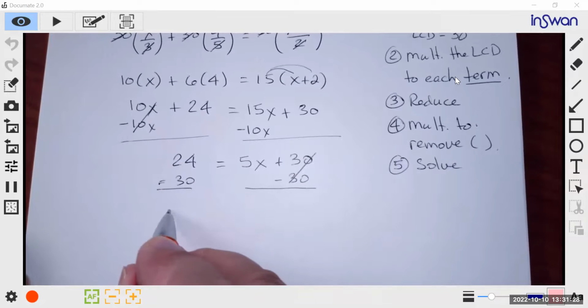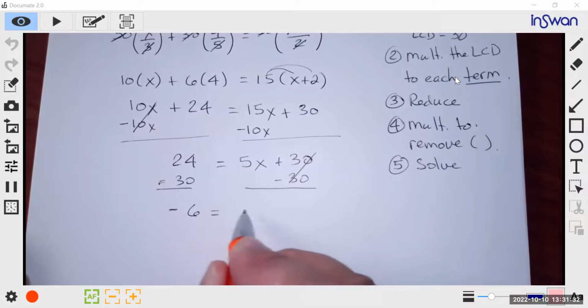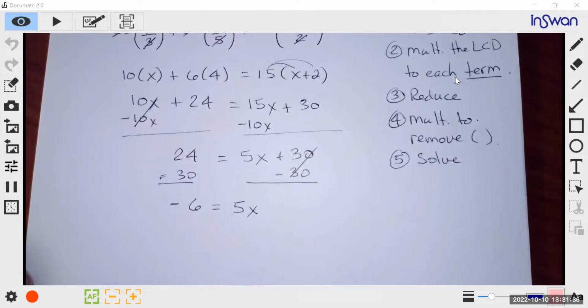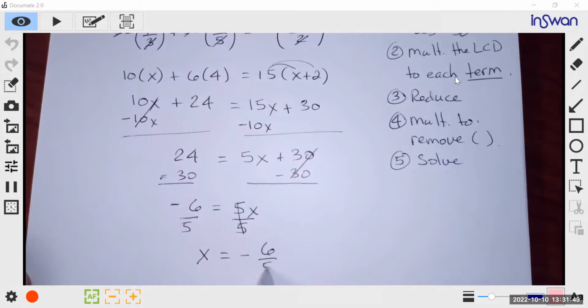It's negative, so the answer is negative. 30 minus 24 is 6. Equals 5x. How do we get the x by itself? Divide by 5. So x is equal to negative 6 over 5, or negative 1 1/5.